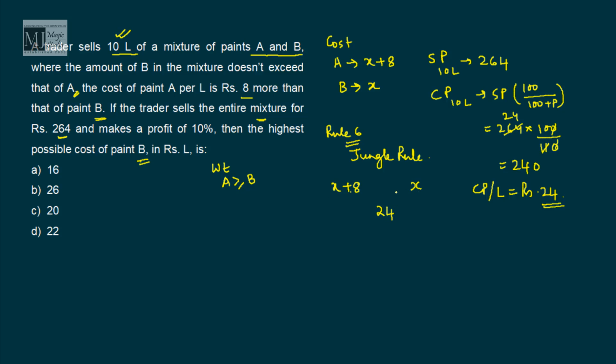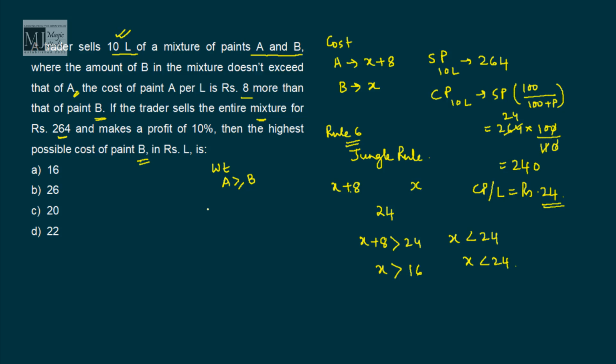So x plus 8 should be greater than 24 and x should be less than 24. So x should be greater than 24 minus 8, that is 16, and less than 24.